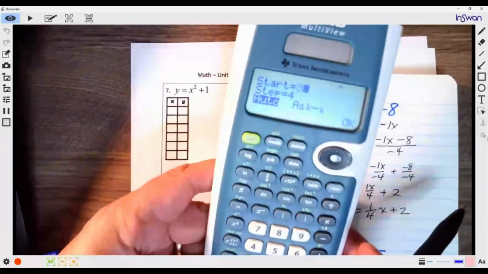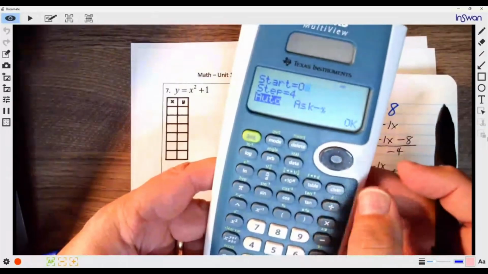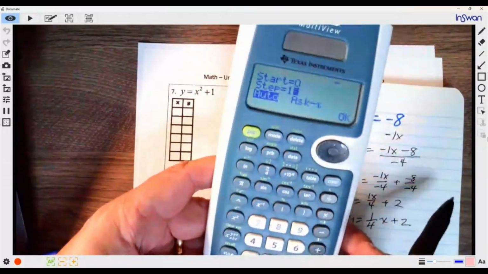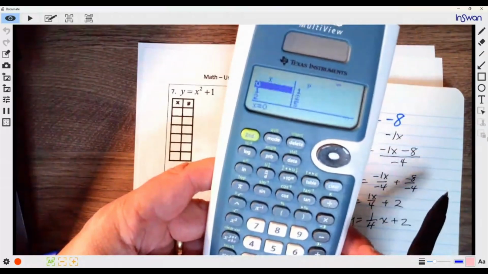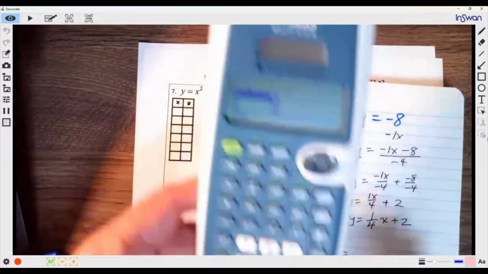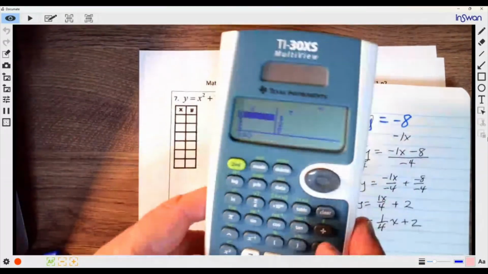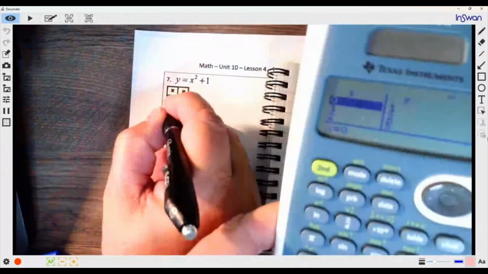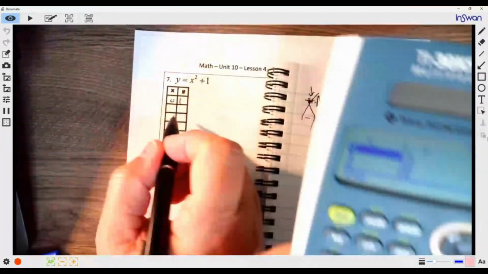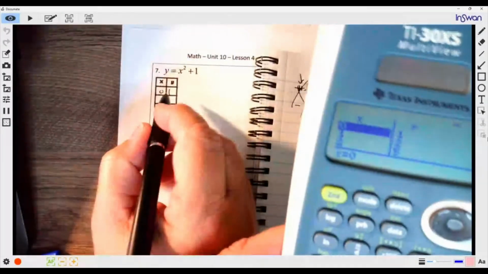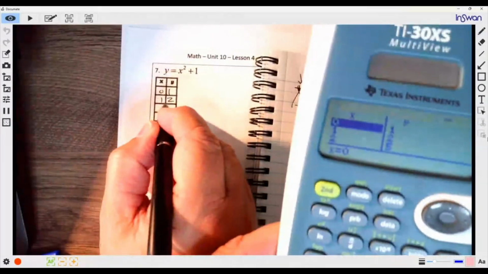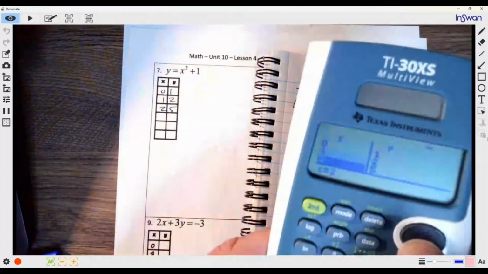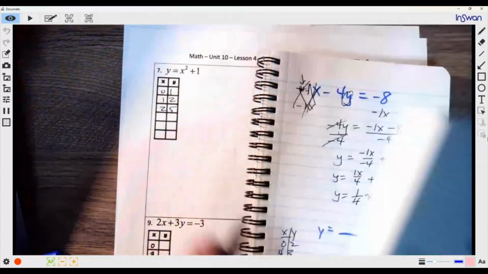Enter. We'll start at 0. We can step 1. And our table of values then is 0, 1. 1, 2. 2, 5. 3, 10.